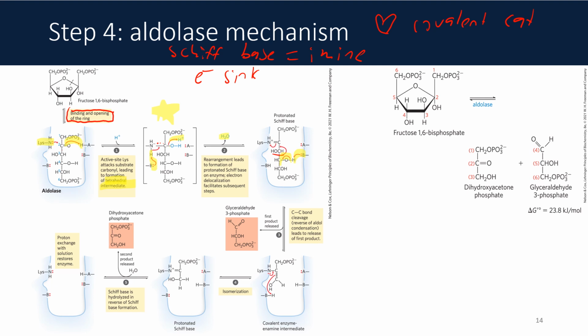Well, normally it's really hard to break carbon-carbon bonds. But remember what I said, C3, which is right next to C4, is in the middle of three very polarizing groups.